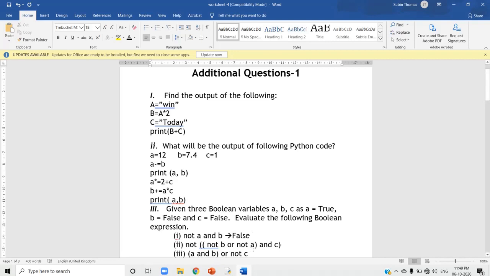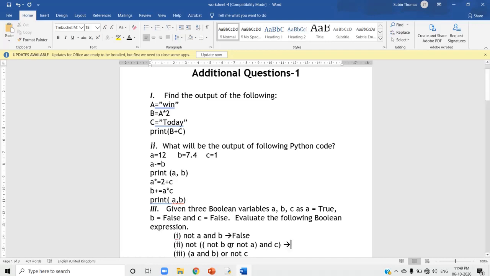Next question. See here two different brackets are there. We studied that bracket has the high precedence. So the inner bracket will be done first. After that only the outer bracket is coming. Not B. What is the value of B? B is false. Not B means it is true.